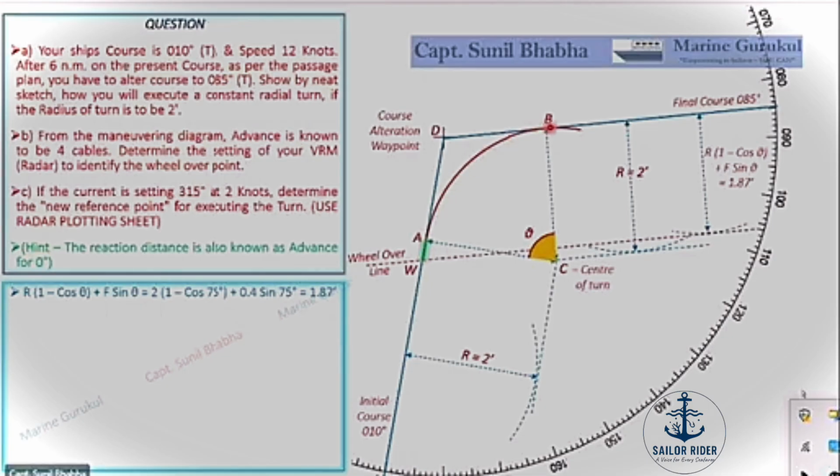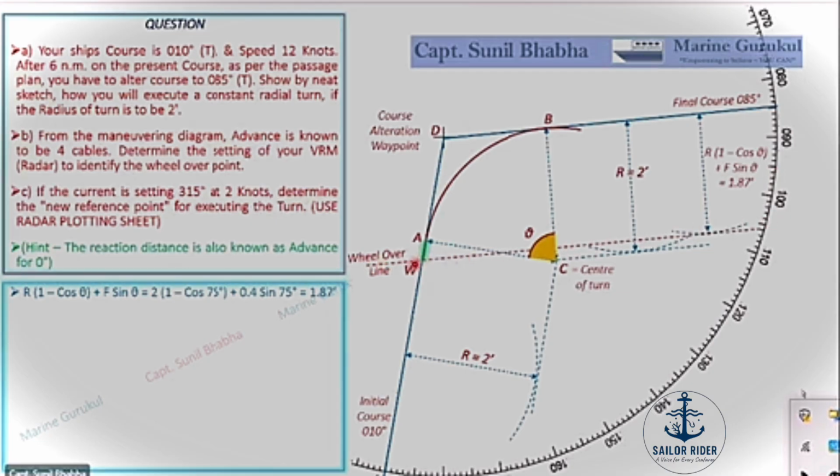But if you are in deeper waters, open seas, and the curved path of the ship is not very important and not required to be shown on the chart, in that case, you can calculate this distance using the formula R(1 - cos θ) + F sin θ and draw a line at this particular distance from the final course line, which is parallel to it. So a line drawn at this particular distance parallel to the final course, which is in the direction of 085, will give you the wheel over line.